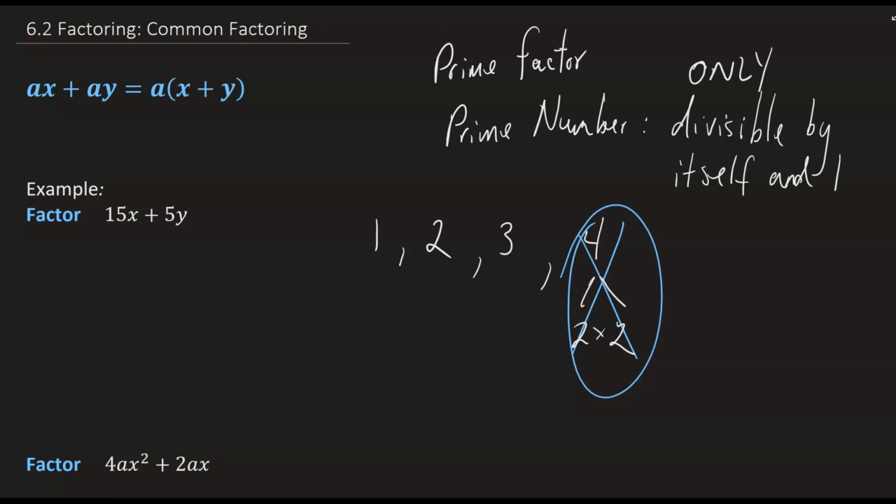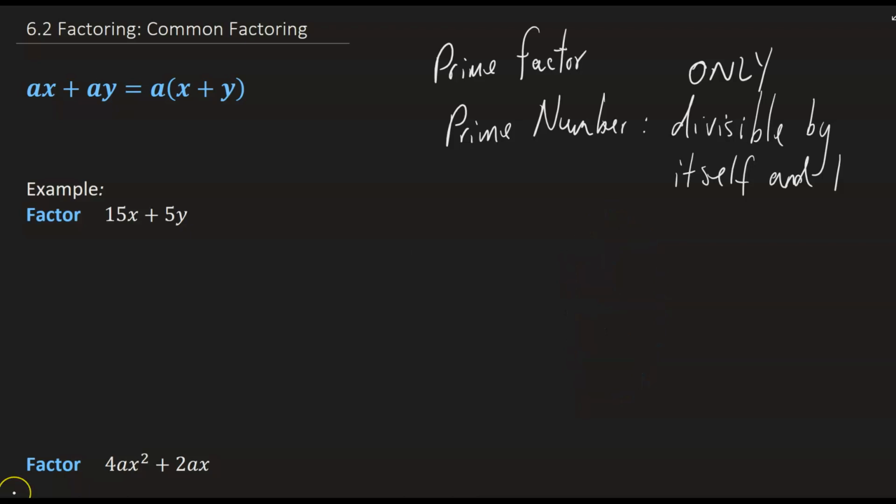Okay, so let's take a look at the prime factorization of my example here, 15x plus 5y. Looking just at the first term, 15x is made up of 15 and x. And 15 itself is equal to 3 times 5.